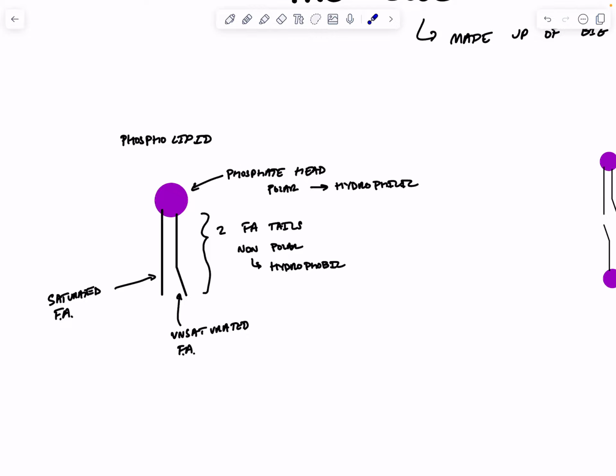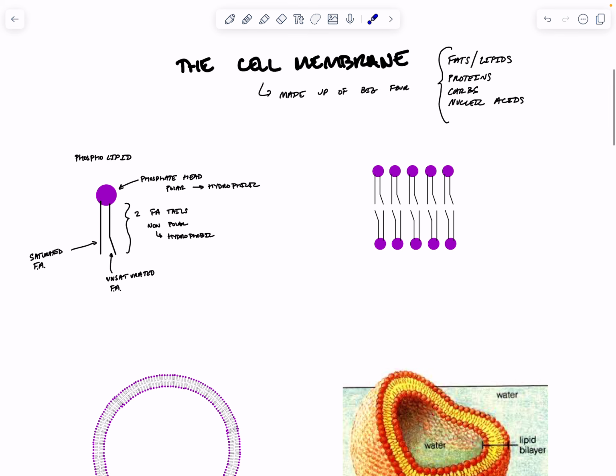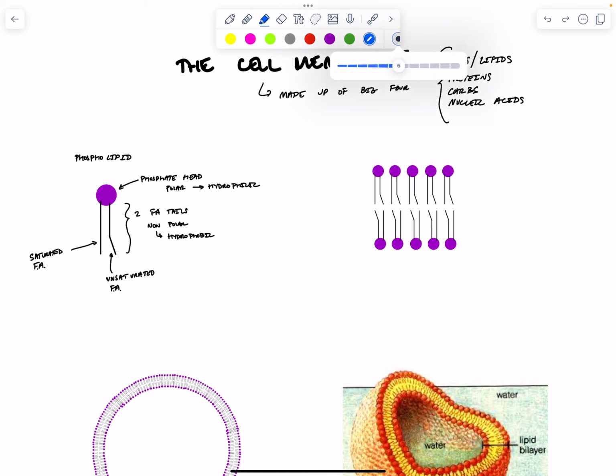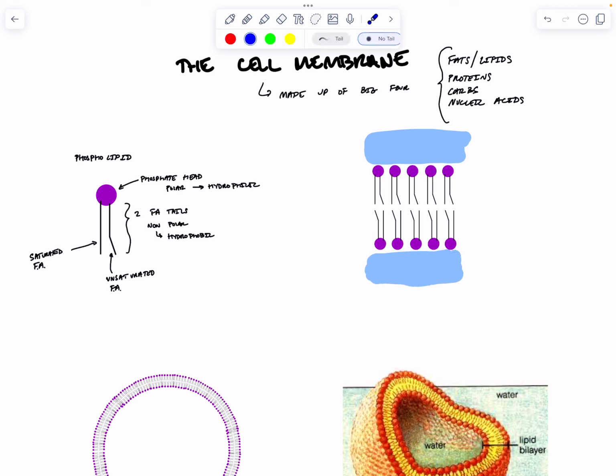However, if we take a group of phospholipids and we throw them into a watery solution, they spontaneously form a structure called a bilayer. So if you take water, I'm going to make this a little bit bigger. So you take a bunch of phospholipids and you put them in water, what's going to happen is they're going to all align themselves such that the nonpolar tails face each other and the polar heads face the water.